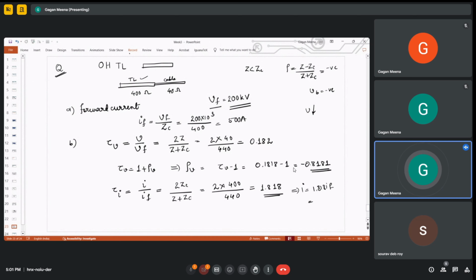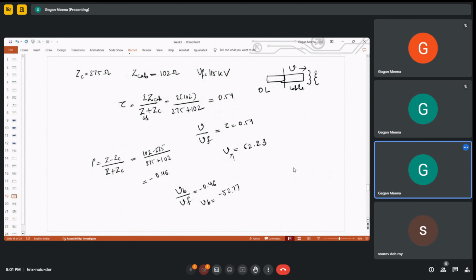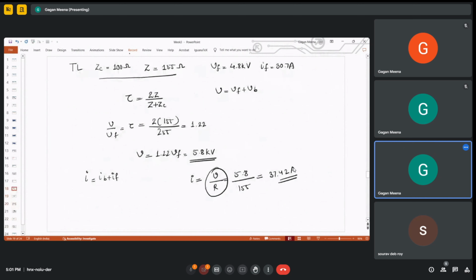So 500 into 1.818 is 909. Last time somewhere I made a mistake. Here we wanted to find the forward current, V by R. Here we found tau as 1.22, and the forward current, this was ZC, this was Z.